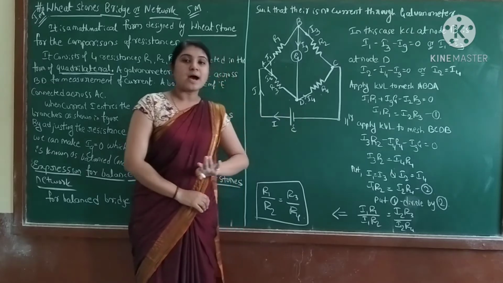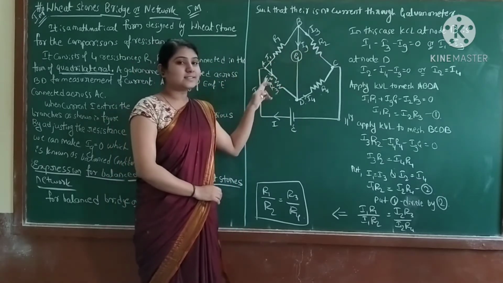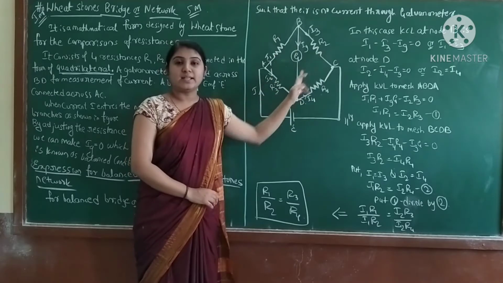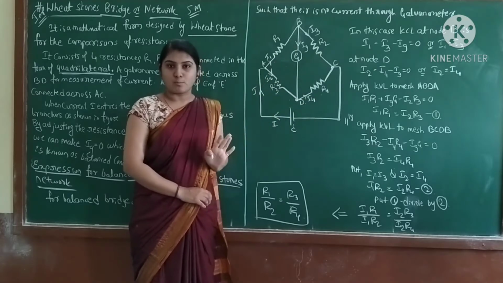Now you have the four resistors R1, R2, R3 and R4, connected in the quadrilateral form.